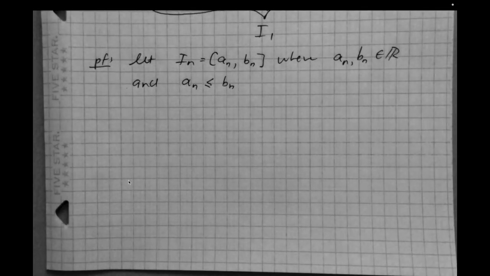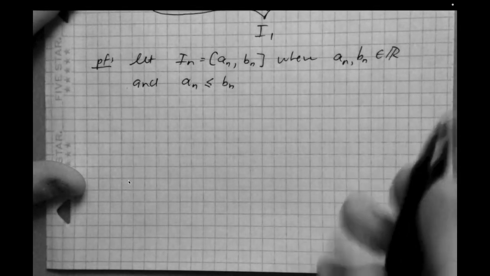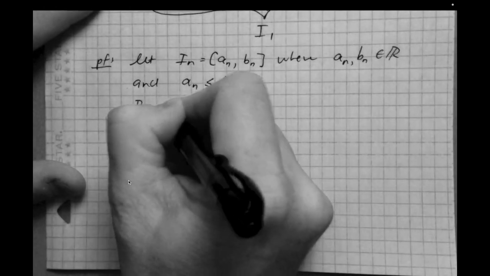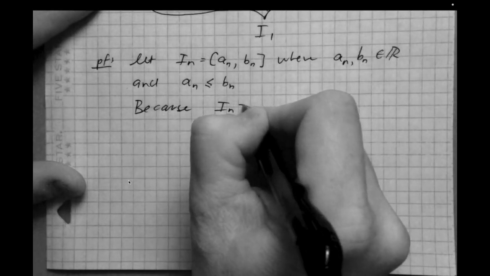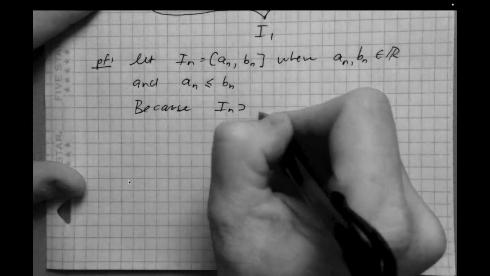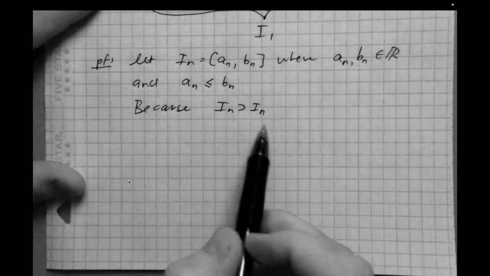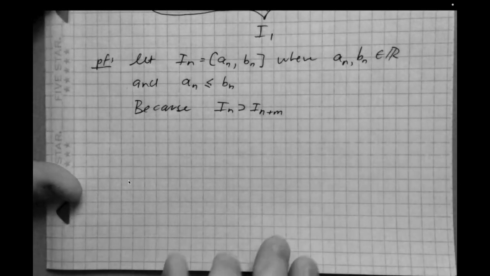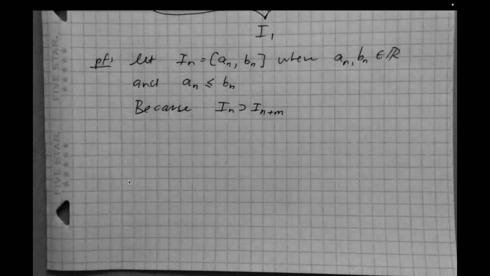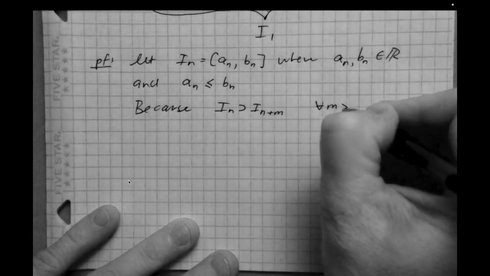Let's start with just defining what we mean by an interval. Then, because I sub n is going to contain the interval with a larger index, we'll just call it I sub n plus m. They don't have to be successive necessarily. So I sub n plus m is contained in I sub n, and this is going to be for all m greater than or equal to 0.